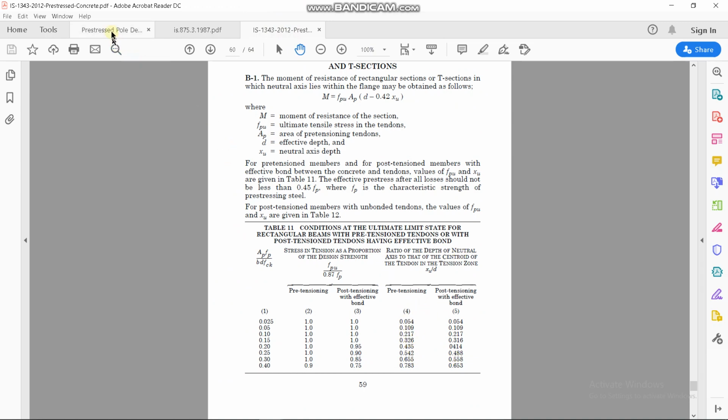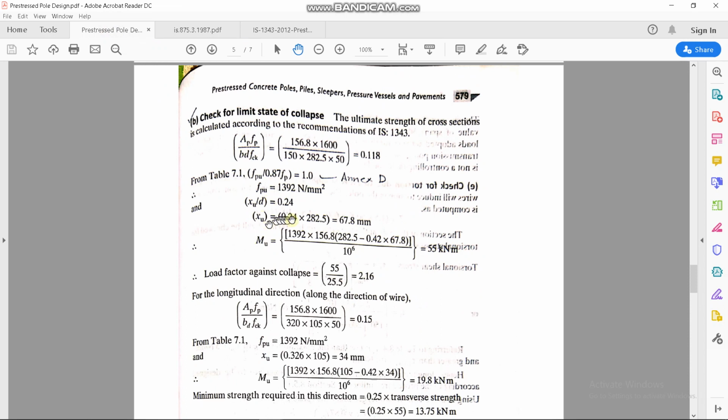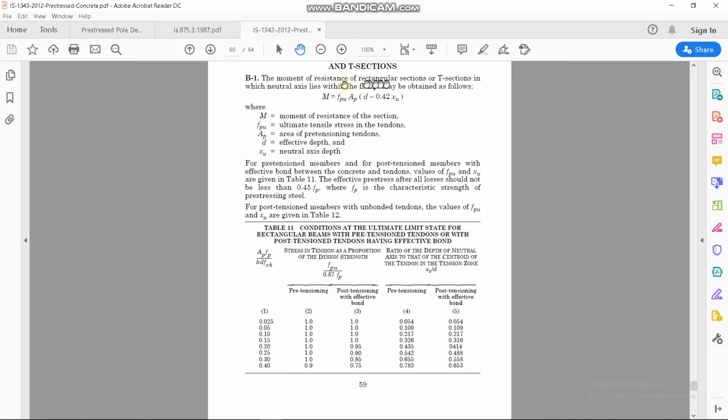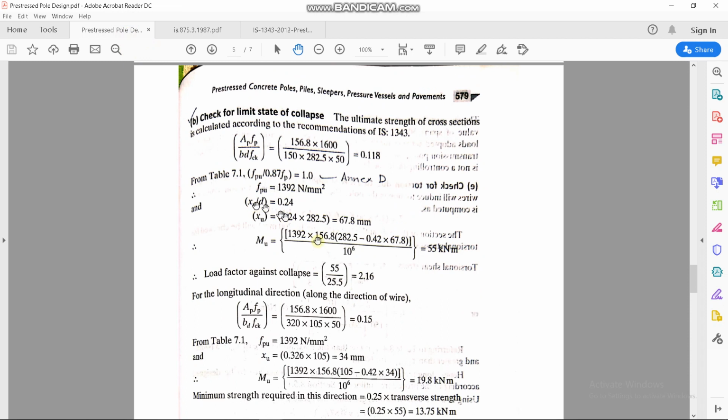XU by D in this case they have interpolated to be 0.24, and simply multiplying that you have the XU value. Now a very simple step: substitute all the values of the parameters in this expression and you find the M, the moment of resistance of the rectangular section.